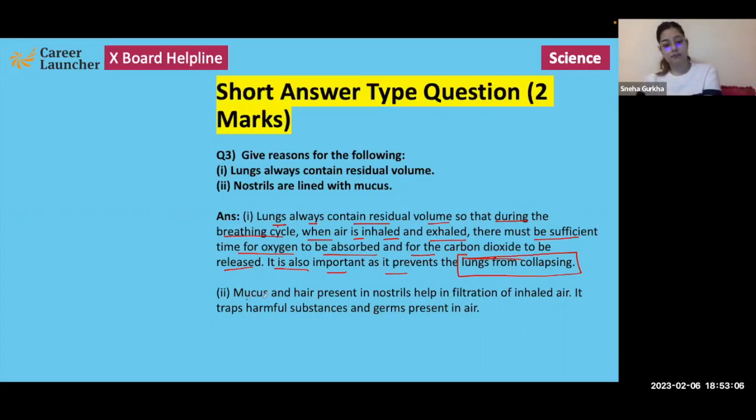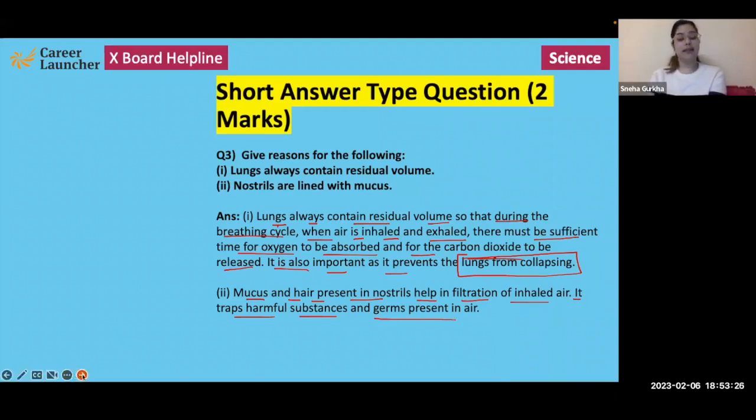So mucus and hair present in nostrils help in filtration of inhaled air. It traps harmful substances and germs present in air. So that is the reason nostrils are lined with mucus as well as hair.